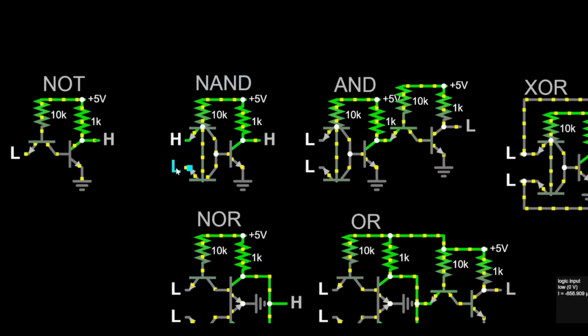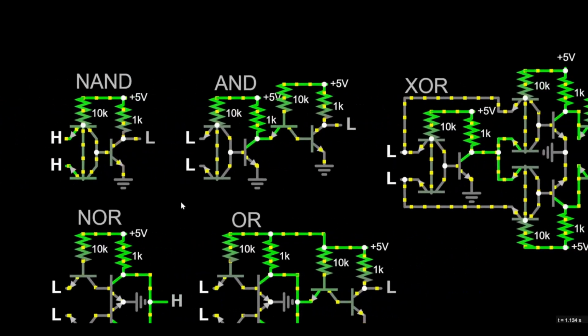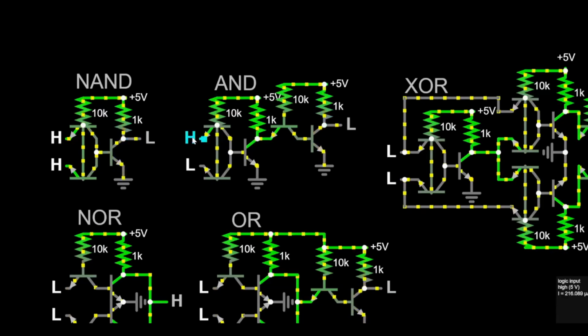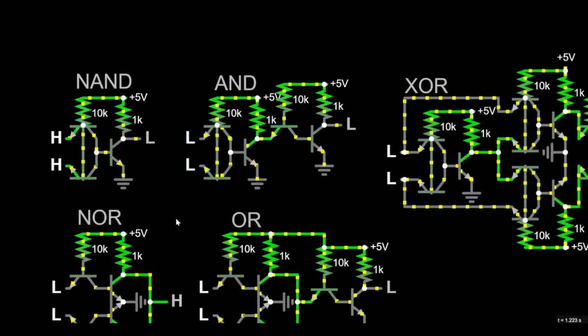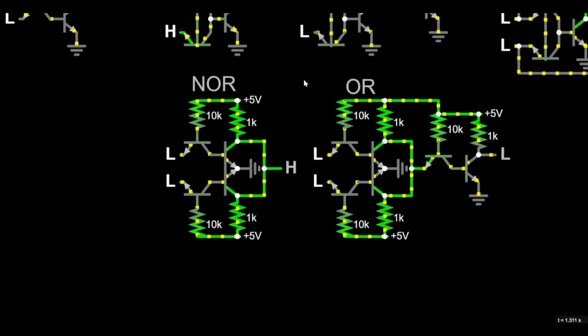And if we were to send a signal through this transistor as well as this transistor at the same time, then you have your low output. And then obviously, our AND gate is just inverting the NAND gate's output, so both of these have to be high in order for you to get a high output. So you can see that takes 5 transistors, and then only 4 resistors. I don't know if you can reduce it any further.